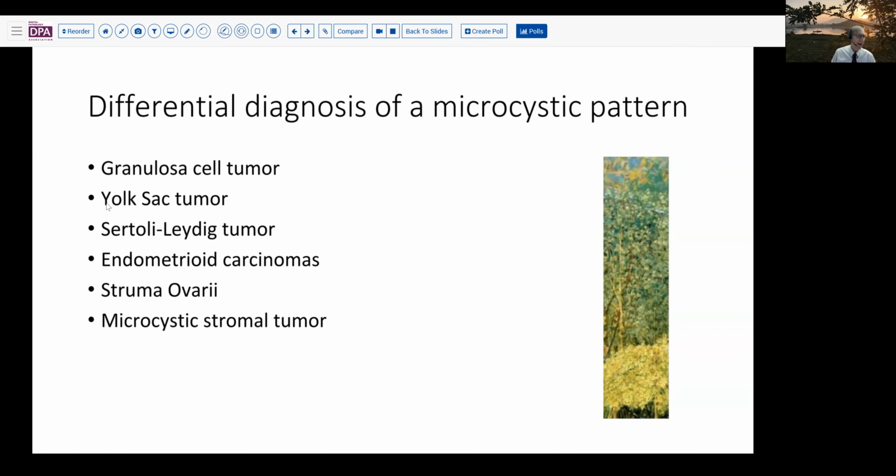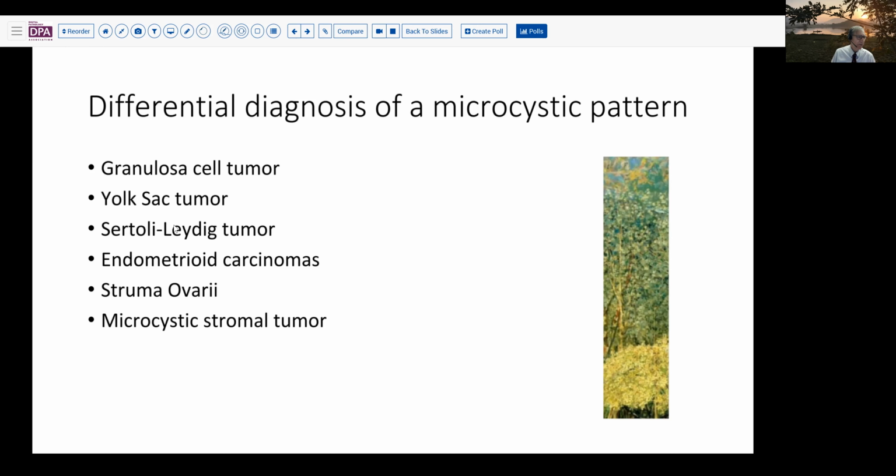Yolk sac tumor can have a microcystic pattern in a number of settings. Again, usually those have more malignant appearing nuclei and mitotic figures, and of course tumor markers would have been triggered. In addition, this is usually a younger age group tumor. Sertoli-Leydig cell tumor, again, a possibility.